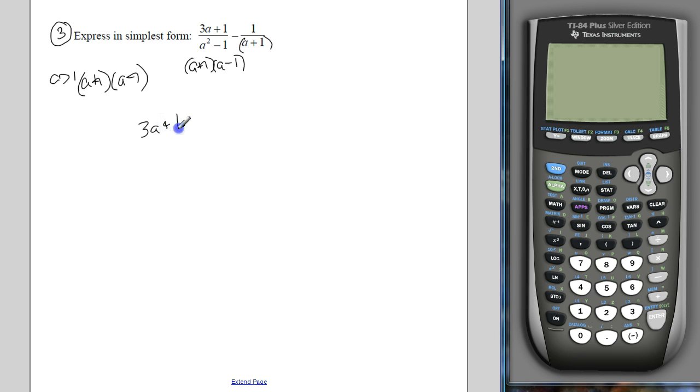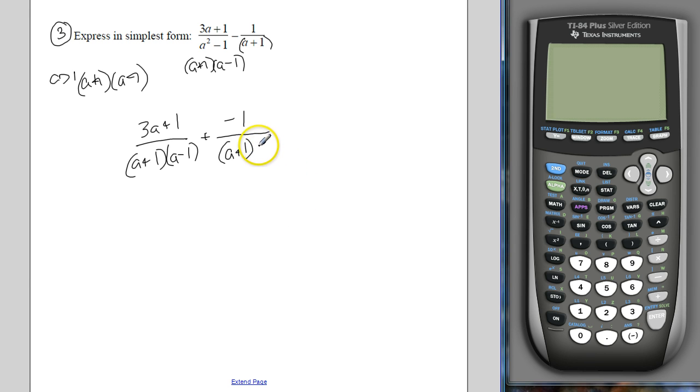So I've got 3a plus 1 over a plus 1, a minus 1. And remember, I don't like that minus in the middle, so I'm going to change it to plus, and I'm going to move the negative upstairs in the numerator. And downstairs is the a plus 1. So it's the same. I haven't done any real math yet. I just changed how it looks. I factored it, and I moved the negative upstairs.